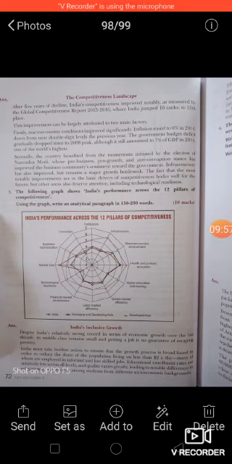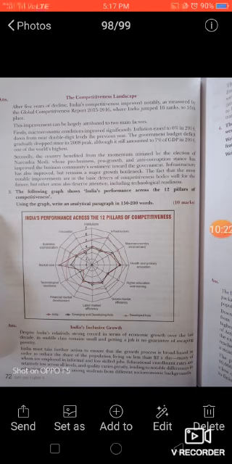Next paragraph. Secondly, the country benefited from the momentum initiated by the election of Narendra Modi, whose pro-business, pro-growth and anti-corruption stance has improved the business community's sentiment toward the government.